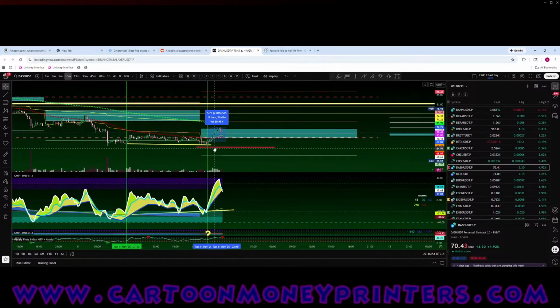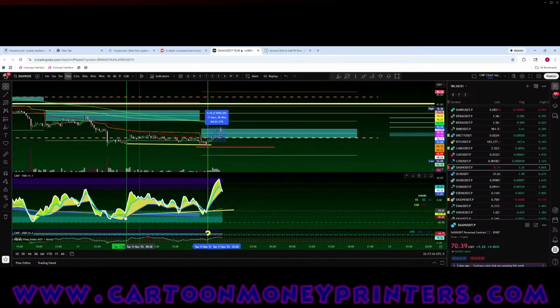So guys, take a look at Dash from this entry, and I measured from the top of that entry candle. I did not get out at 7.8% because I was in here, but it's fine. It's well worth it. But right from here to there, 7.8%, and that was in 90 minutes.